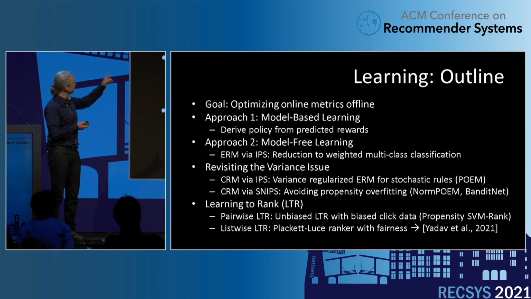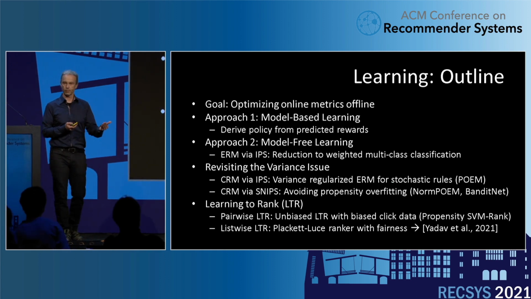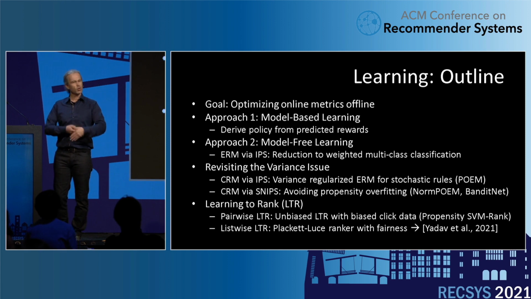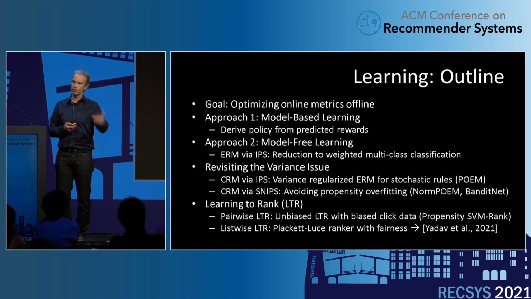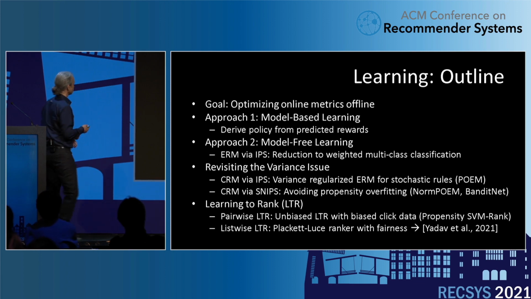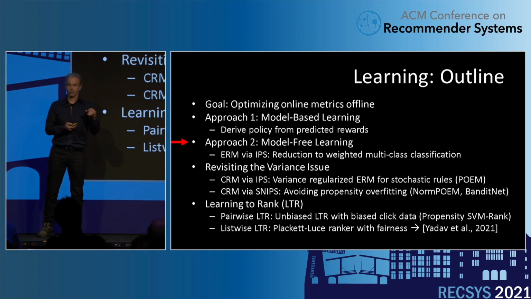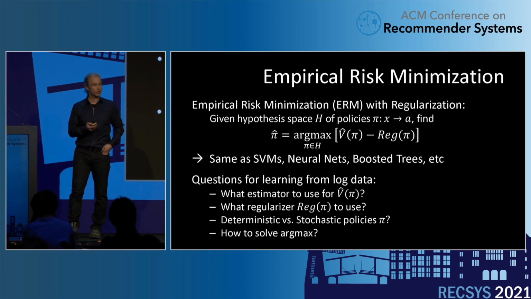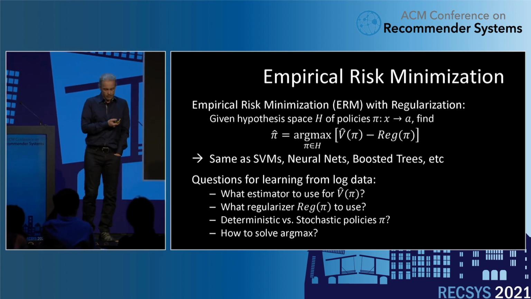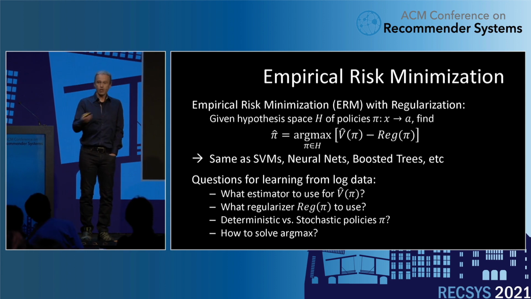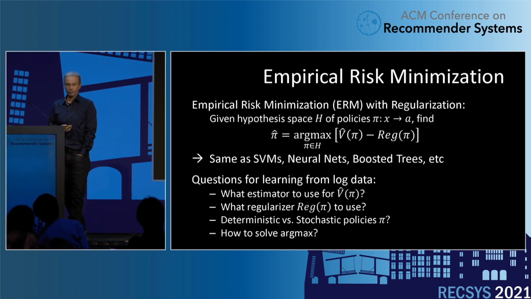So that's the idea behind model-free learning, where we don't predict the rewards, we actually directly search for the optimal policy because it's a potentially easier problem. So let's look at how this could work. How can we do model-free policy learning? Basically we can do empirical risk minimization again.